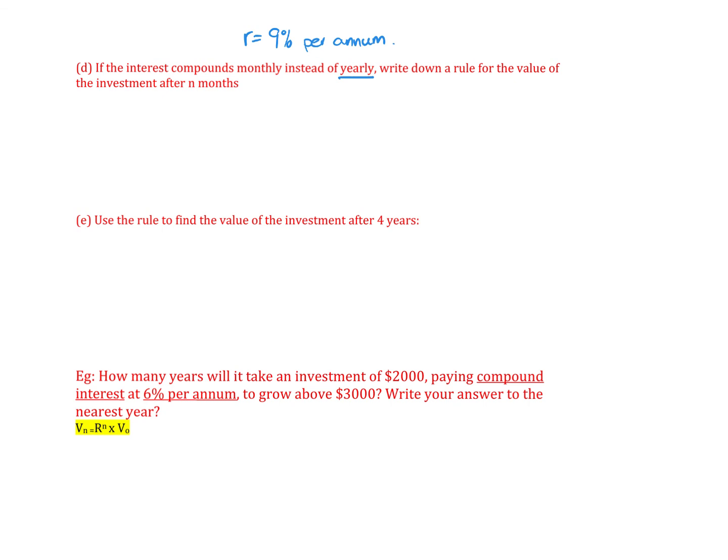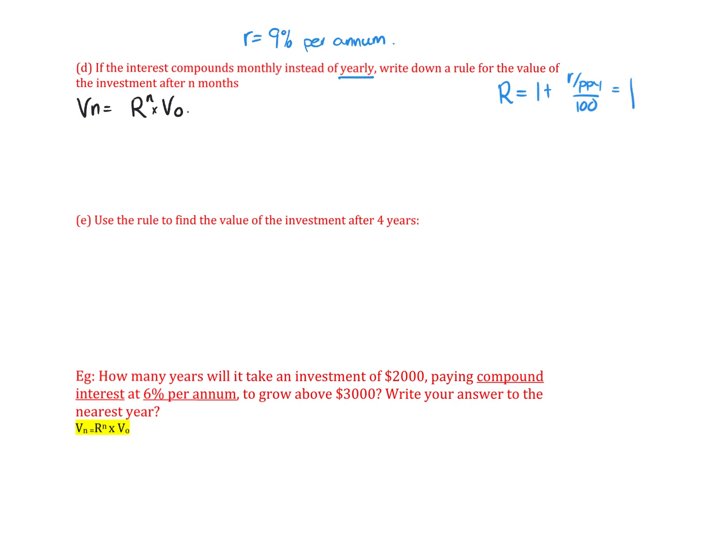We're still going to use the same formula, which was Vn equals R to the power of n times V0. But we've got a new R value, because remember R is found by doing PPY over 100.